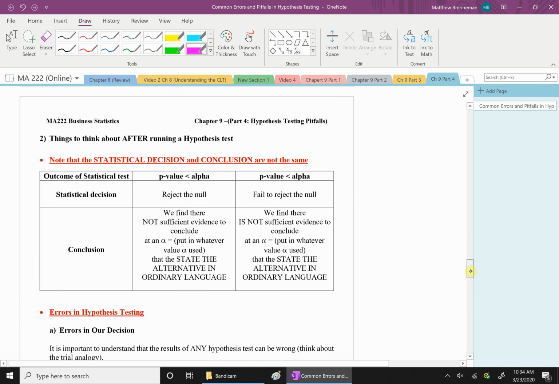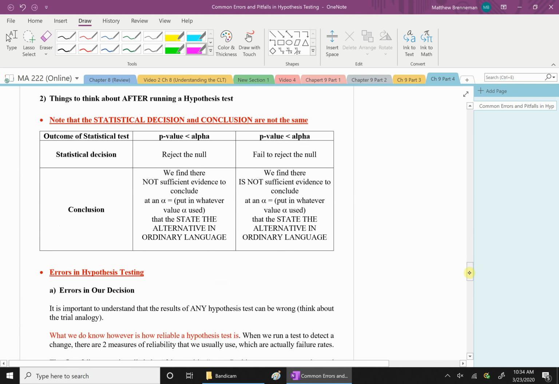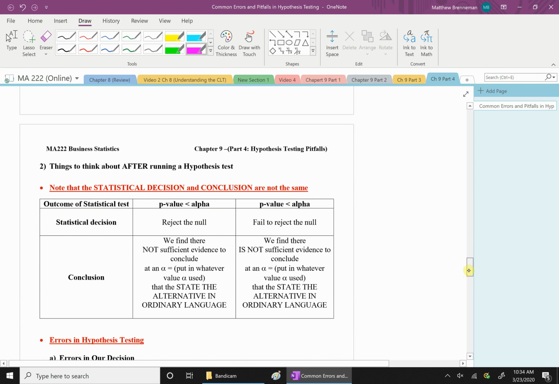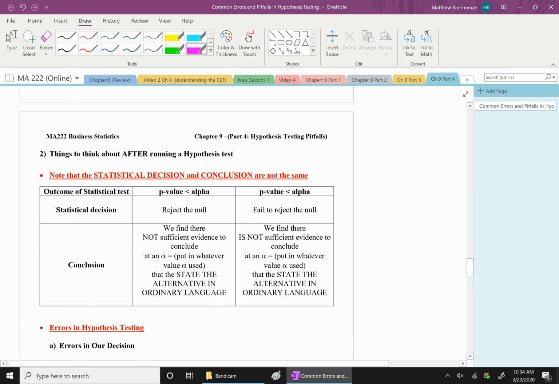One thing to remember is that the statistical decision and the conclusion are not the same. The statistical decision is our decision on the hypotheses. It's either reject the null or fail to reject. When the p-value is less than alpha, we say the null is too unlikely to occur given the evidence against it, and we reject it.